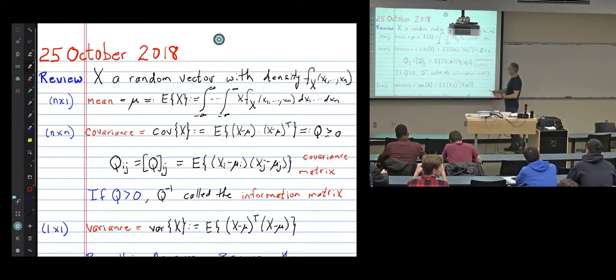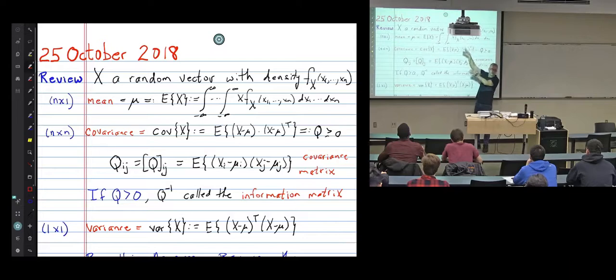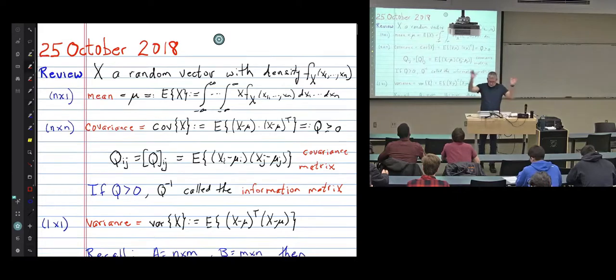And the expected value of anything is you integrate the thing against the density. So it'll put the highest weight on the quantity where there's the most probability of it occurring. So you have a density, okay? So the mean gives you the center value roughly, and the covariance is the spread about the mean.